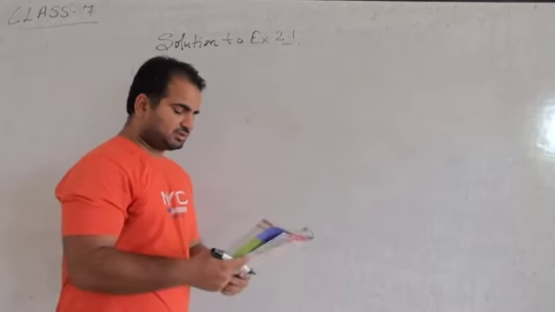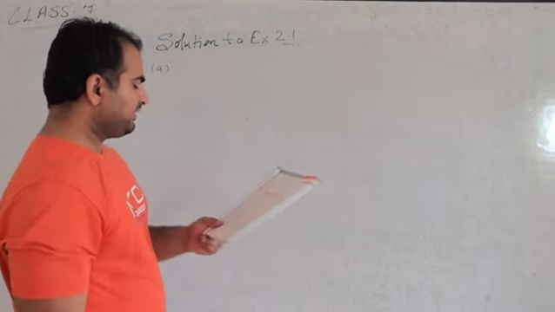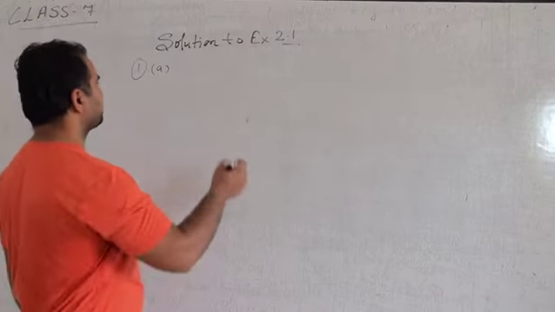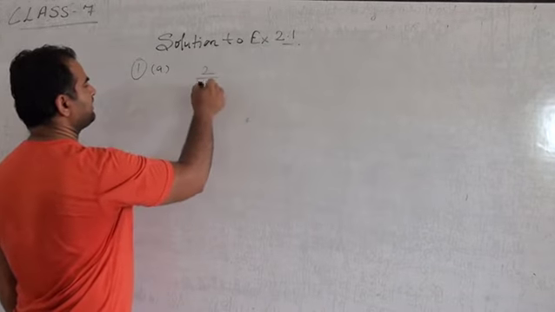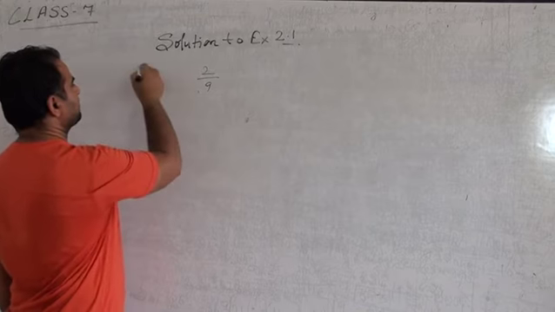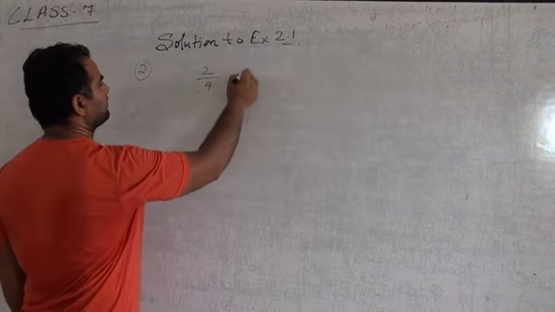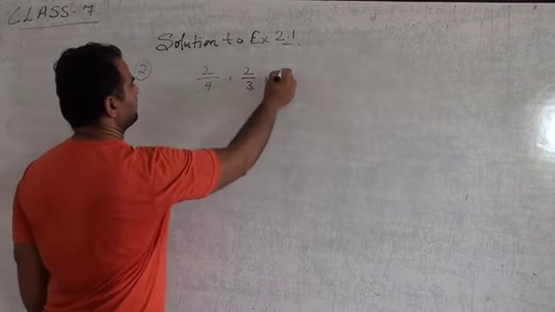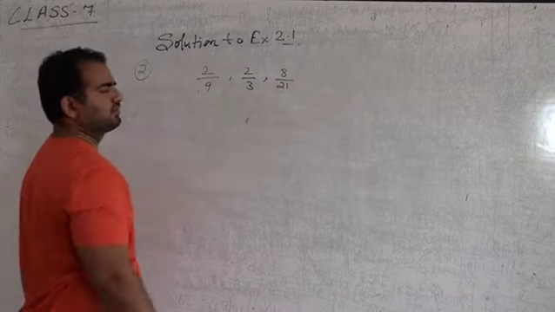So the question is 2 by 9, comma, 2 by 3, comma, 8 by 21.